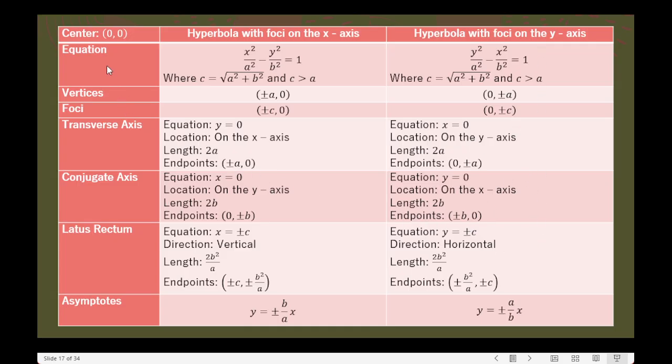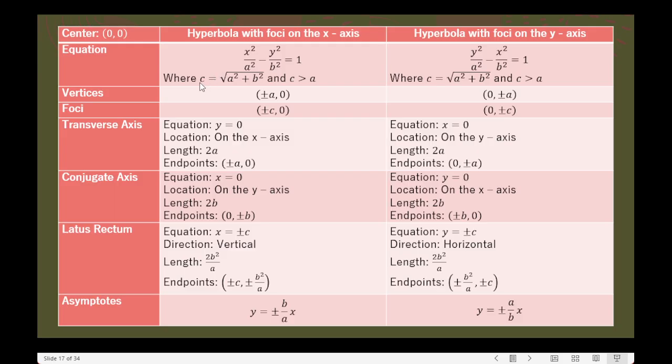Okay, so for the equation, we have this one, x squared over a squared minus y squared over b squared equals 1. From this cell, we can identify the orientation of the hyperbola, whether it is horizontally or vertically drawn. So in this case, the orientation of the hyperbola illustrates a horizontal position.